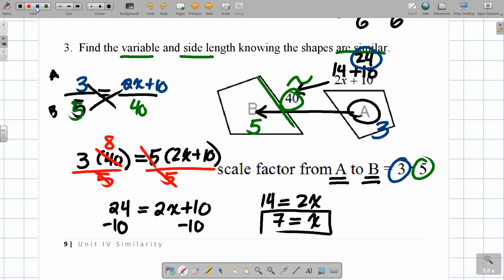Let's check to see if that holds true. 24 to 40. We reduce. 8 goes in there 3 times. 8 goes in there 5 times. Ta-da! It works.